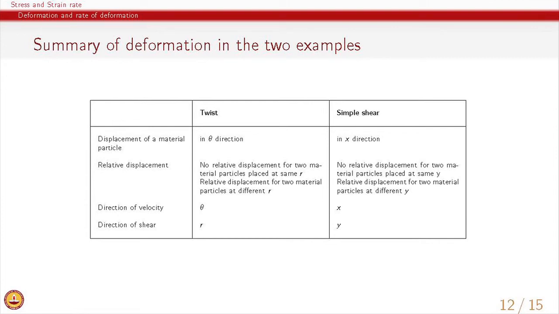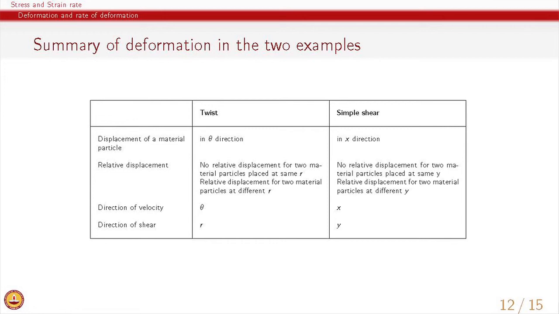So, just to summarize, what we saw was in case of twist, the displacement of a material particle was in theta direction, the velocity itself was in theta direction. In case of a simple shear, the flow was in x direction or the displacement of material particle was in x direction. So, if you look at relative displacement between material particles, there is no relative displacement for two material particles placed at same r.